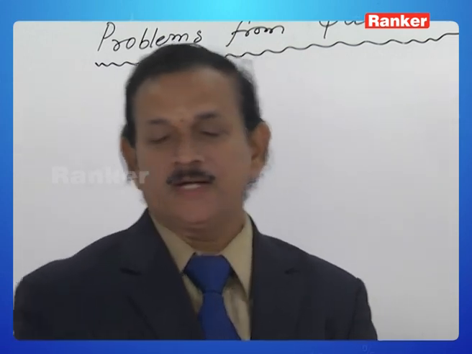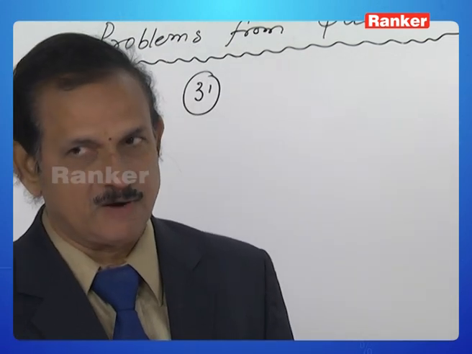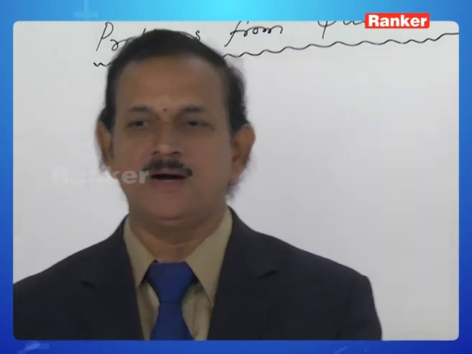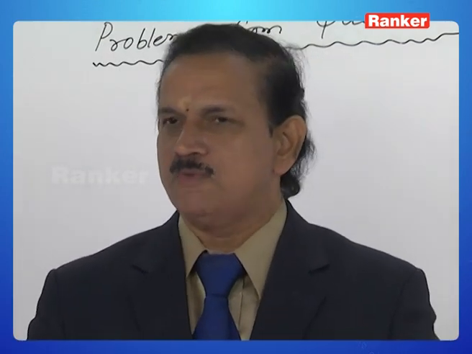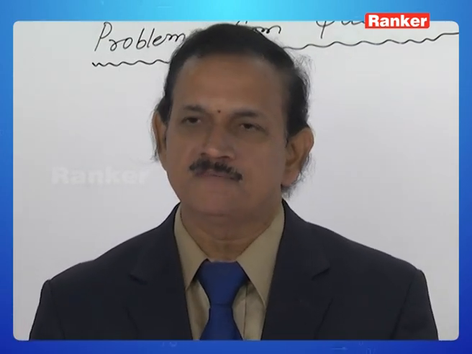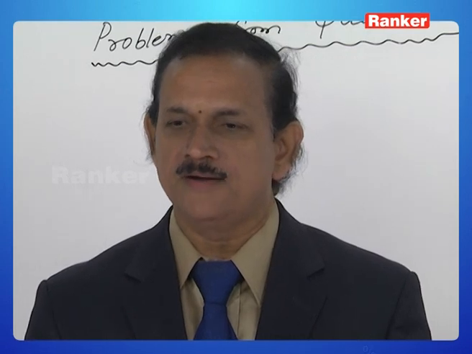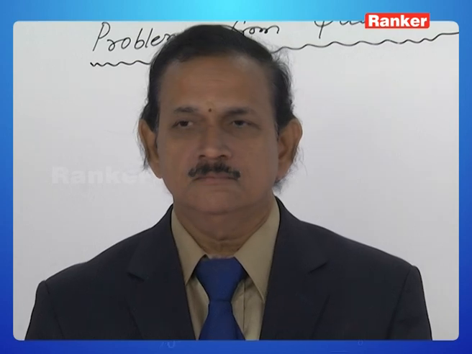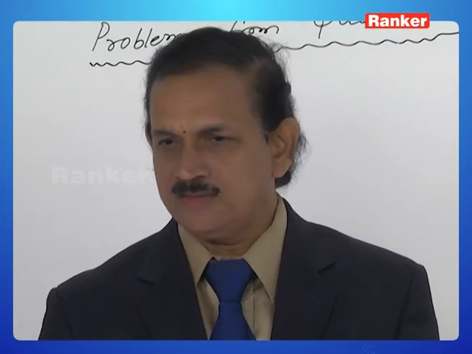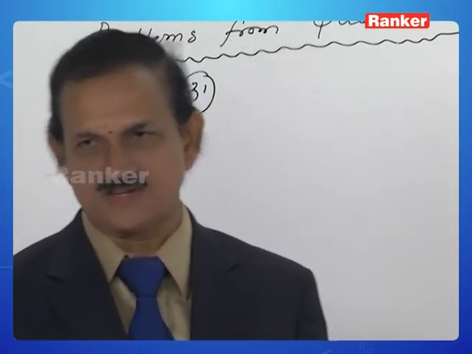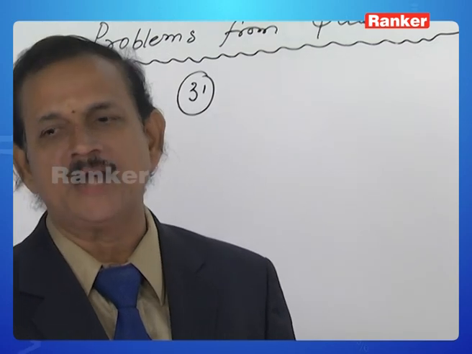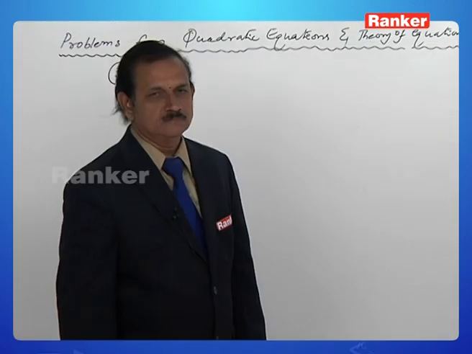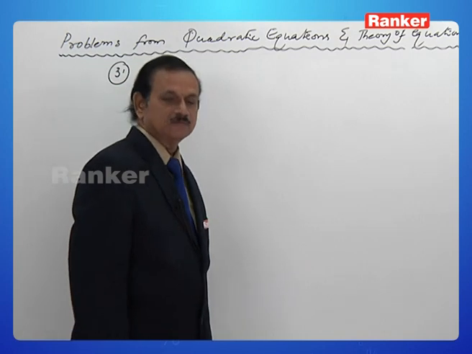Then the value of integral part of alpha plus integral part of beta plus integral part of gamma, and its absolute value, that is modulus of integral part of alpha plus integral part of beta plus integral part of gamma, is required. As usual, 4 options are again given. The first option, option A, is 1, option B is 2, option C is 3 and option D none. Let us observe the question.